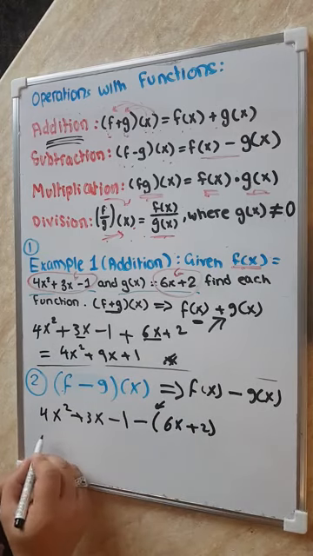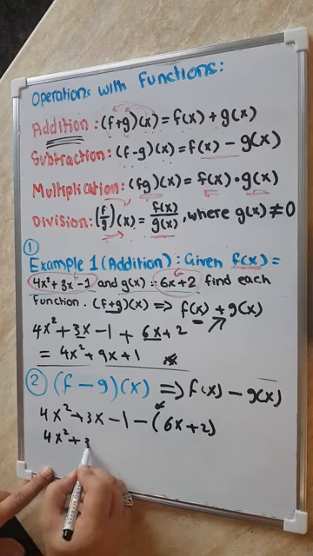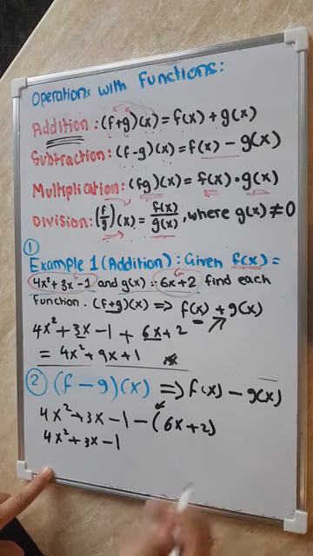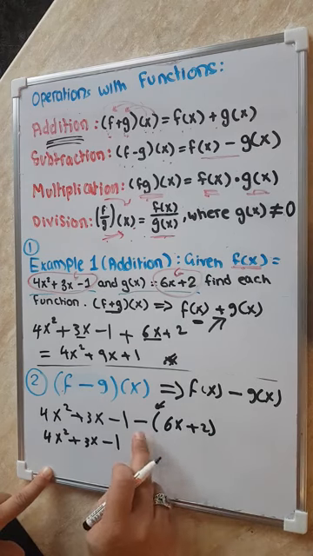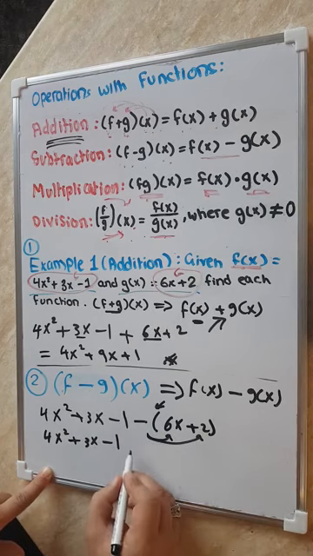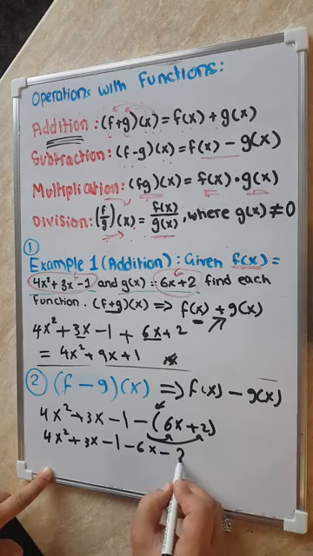Then simplify. So 4x squared is the same, plus 3x minus 1. This minus before the bracket will change the whole sign. It's like you are multiplying by minus 1. So this will change and this will change. So it will be minus 6x and minus 2.